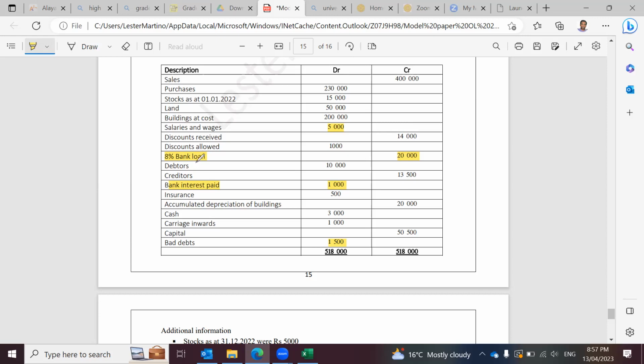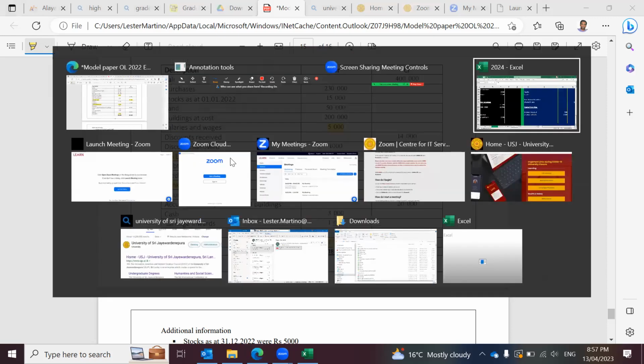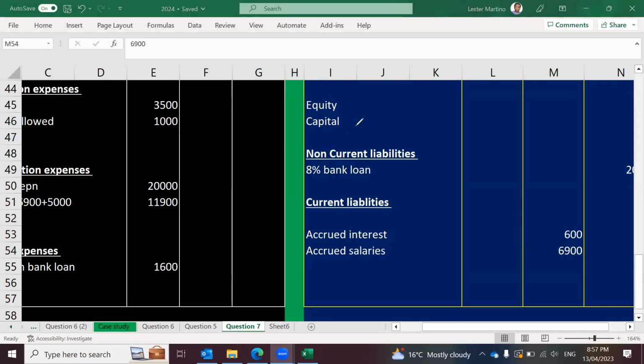So next item is debtors. We already taken the debtors, 8,000. Next one is creditors, 13,500. So here creditors, 13,500.